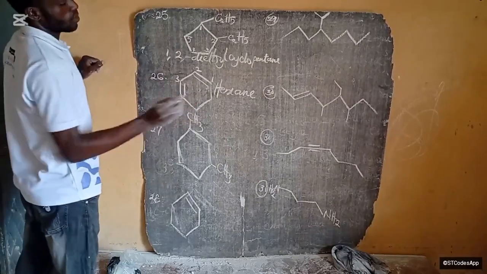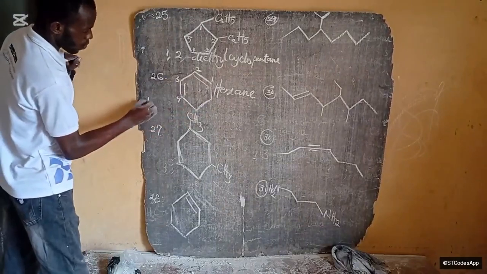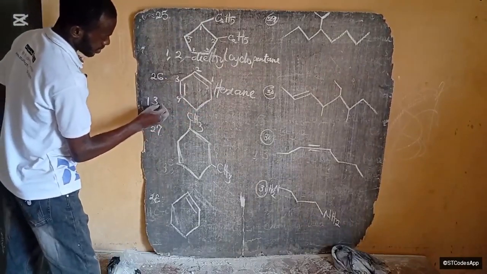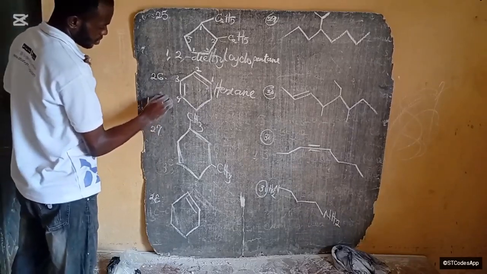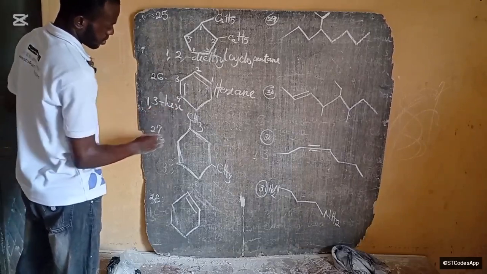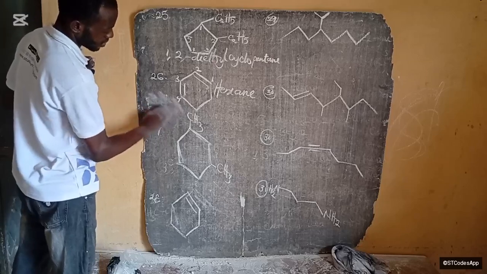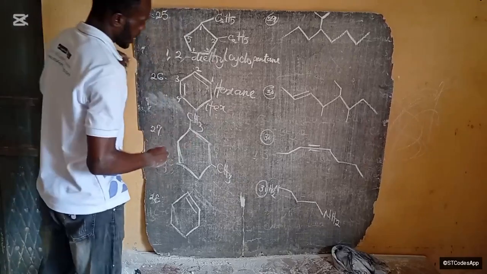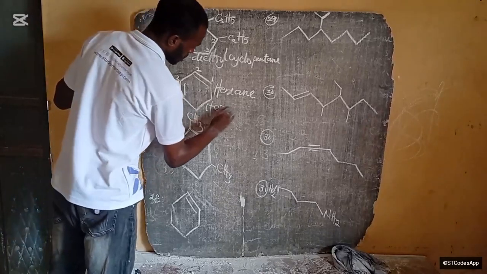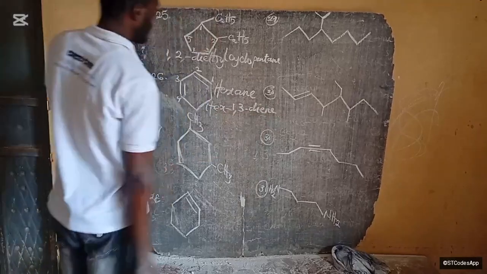Is that okay? So in this case, this will be 1, 2, 3. So this will become 1, 3 hexadiene. This will be hex 1, 3 diene.